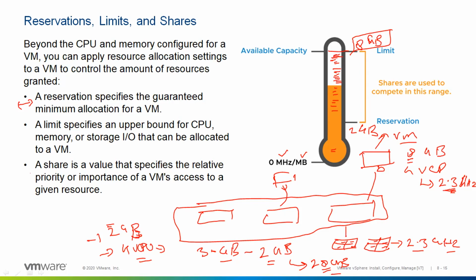A share value specifies the relative priority or importance of a VM's access to the given resources. Share value means, whatever I have in the bank, that is, under my cluster or host, the free resources.